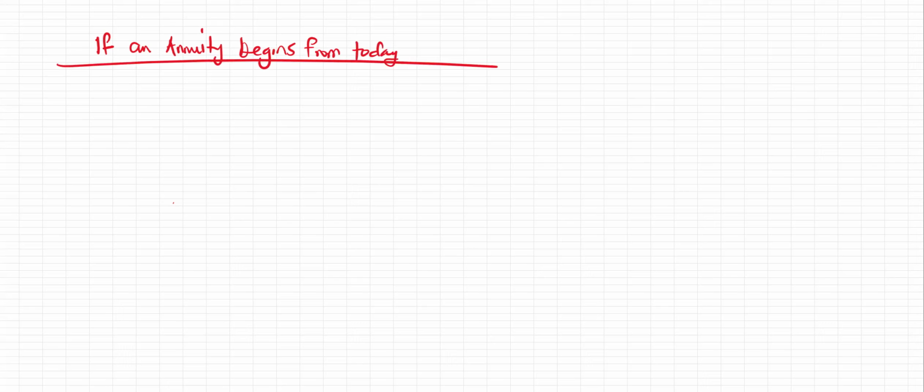So look, if an annuity begins from today or begins from now, we call it annuity due, or some people call it annuity in advance or advanced annuity.